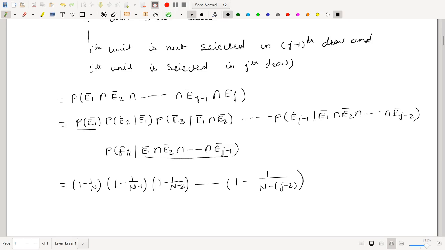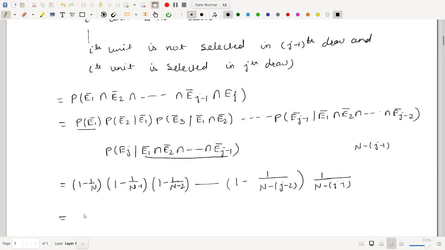Then we want to find ith unit is selected in jth draw. So in population there will be n minus j minus 1 units, because j minus 1 draws are over. So ith unit is selected in jth draw will be 1 upon n minus j minus 1.